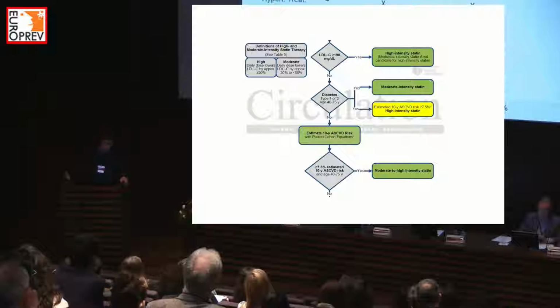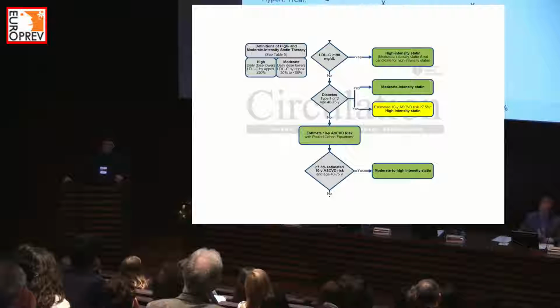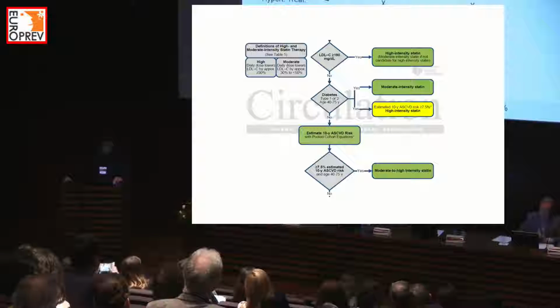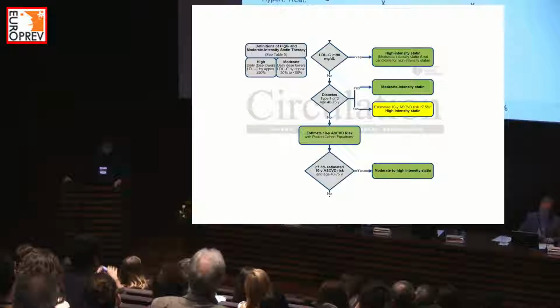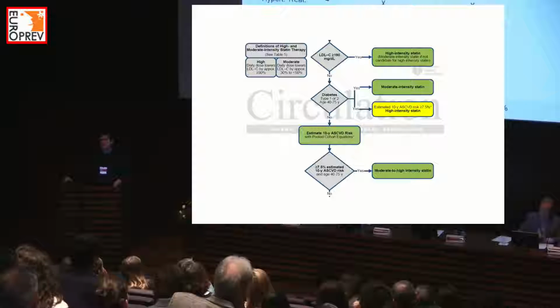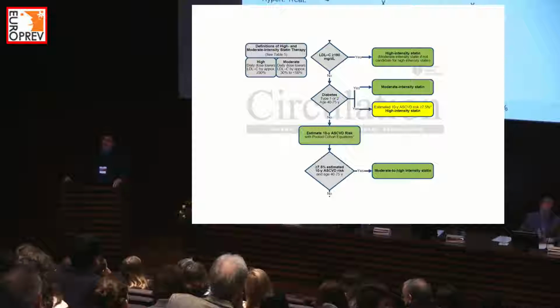This is the risk threshold. For the American guidelines, the threshold is equal or greater than 7.5% in the next 10 years. And for the QRisk, the threshold is equal or greater than 10% risk in the next 10 years.